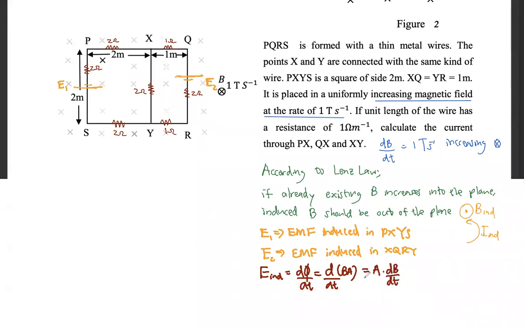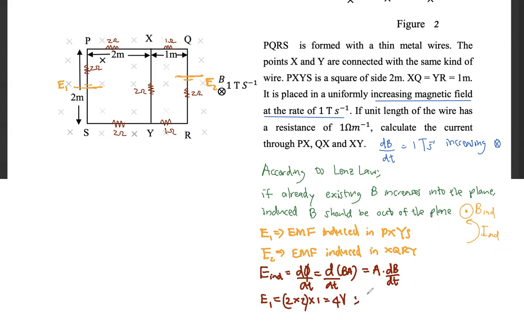Correct, people? So tell me, what is the equation for E1 then? E1 is equal to area, which is how much? 2 into 2, no? This area, 2 into 2, into the rate of change of magnetic flux density, which is 1, so that is 4. 2 into 2 is the area, into 1 Tesla per second, answer is 4 volt.